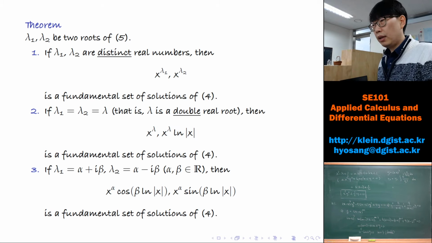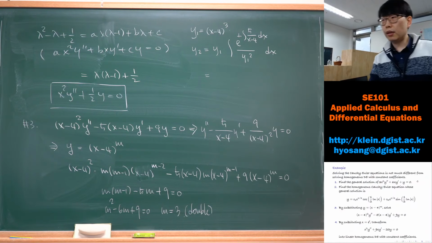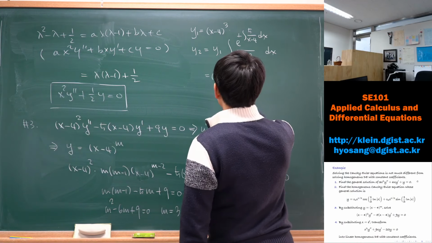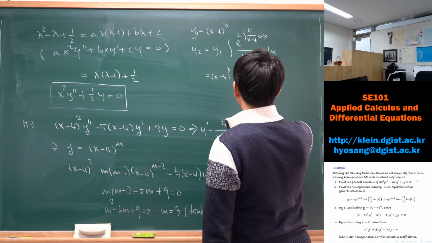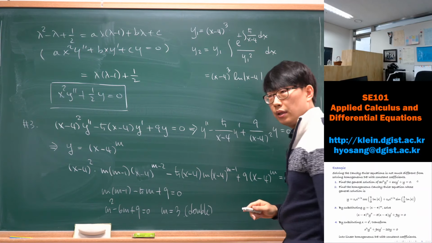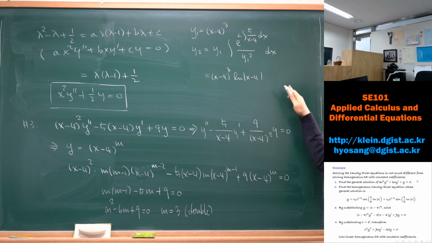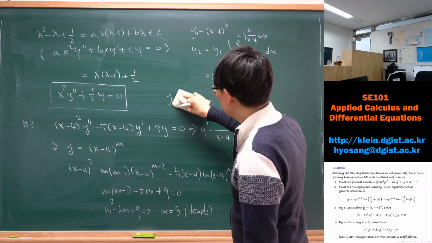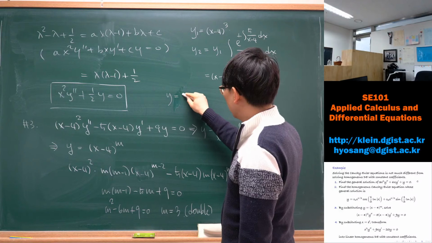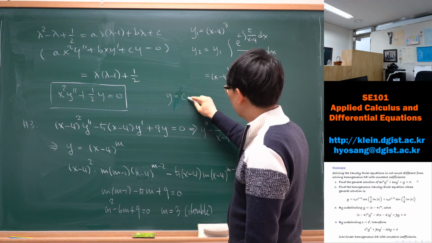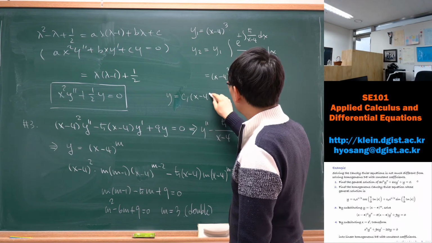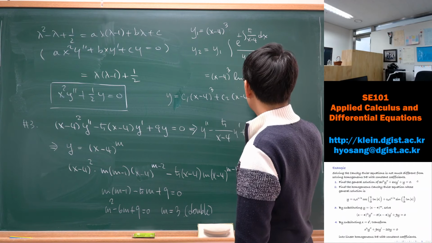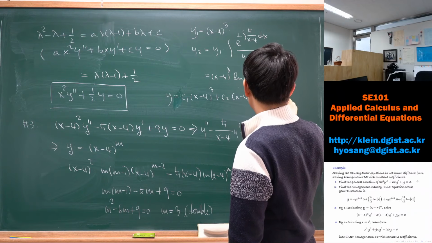So you can guess that in this case, it is simply x minus 4 cubed times ln of x minus 4 that will be the answer. And that is true. So therefore, the general solution is C1 times x minus 4 cubed plus C2 times x minus 4 cubed times ln of x minus 4, right?